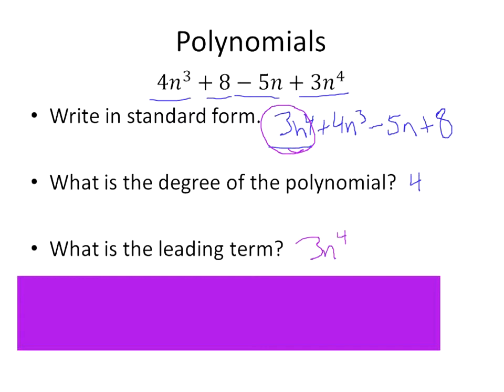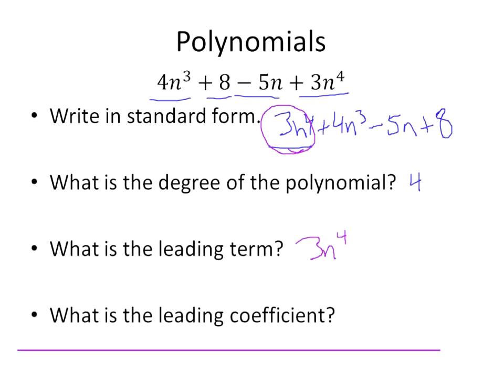And then as I look at the next step here, it's asking what is the leading coefficient. Well, it makes sense that it's going to be the coefficient of the leading term. So if I'm looking at the leading term, which again is right here, I can look at it down below where we wrote it.